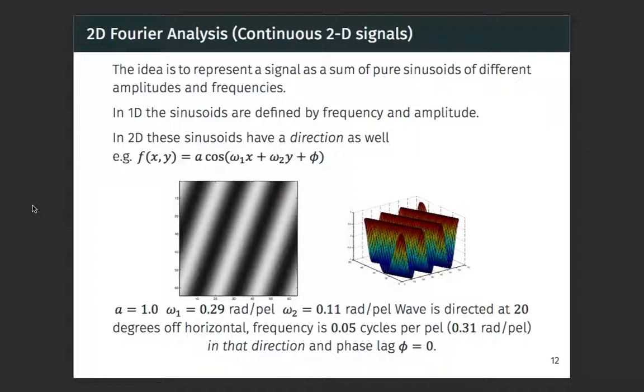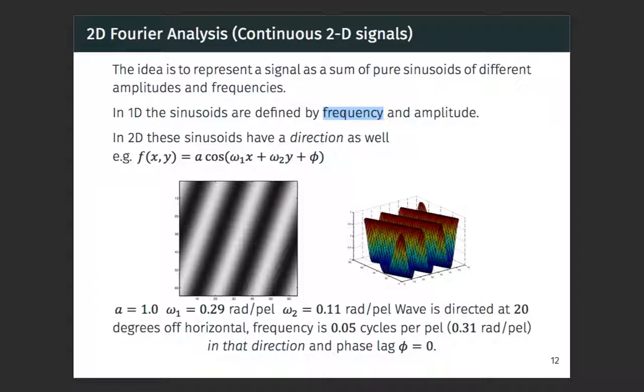So remember the Fourier transform. The idea is that you have a signal and you want to represent it in terms of sinusoids of different amplitude and frequency. Now, in 1D, you only had two parameters really for the sinusoid: the frequency and the amplitude.